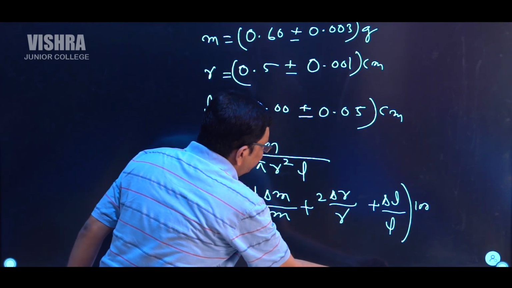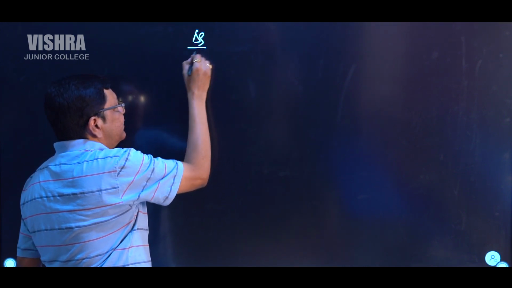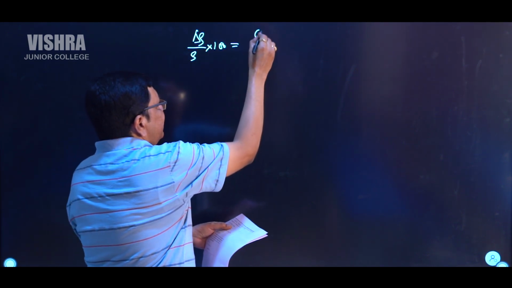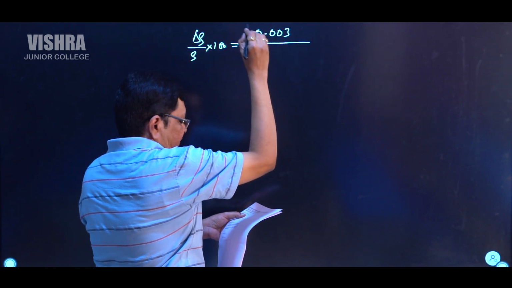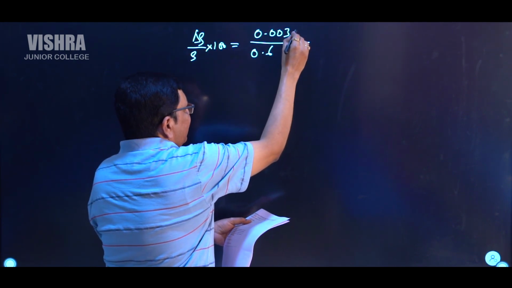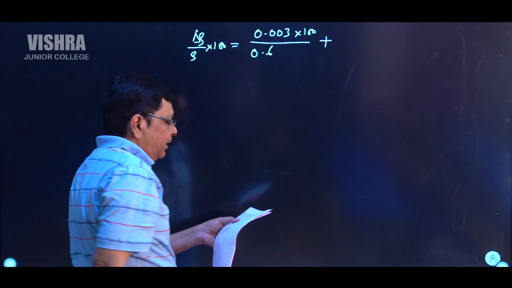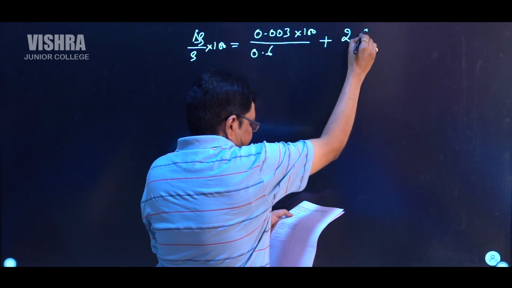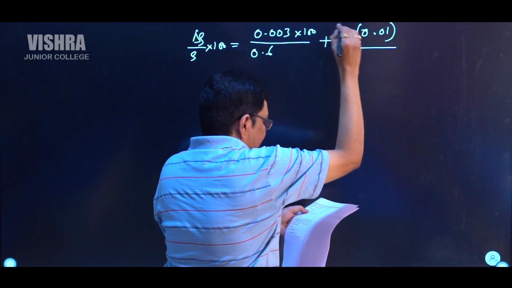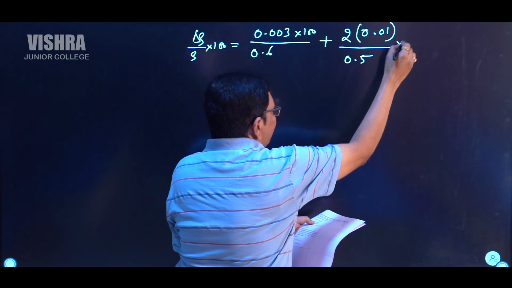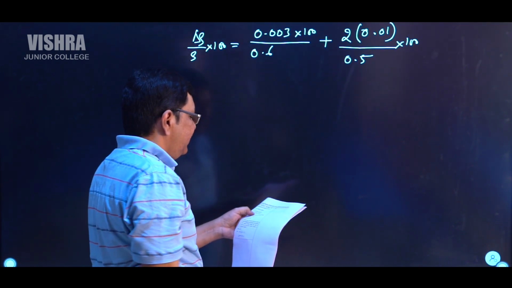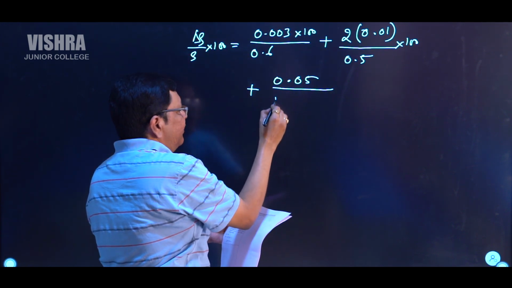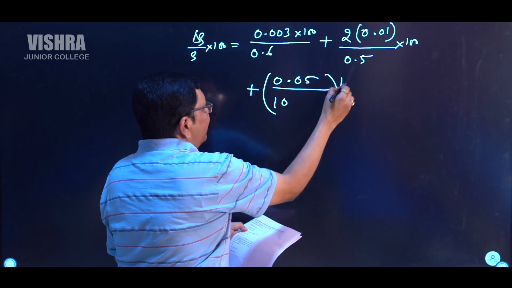Here, the percentage error in density is delta m by m into 100, where delta m is 0.003 and m is 0.6, plus the percentage error in radius, 2 times delta r by r into 100, where delta r is 0.01 and radius is 0.5, plus the percentage error in length, delta L by L into 100, where the error in length is 0.05 centimeter and the length is 10 centimeter.